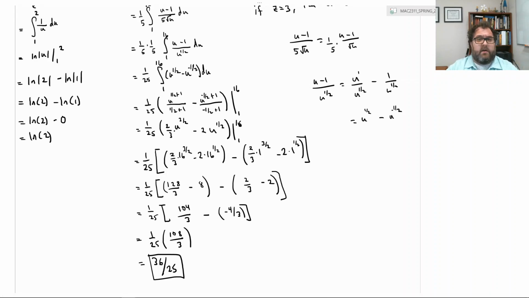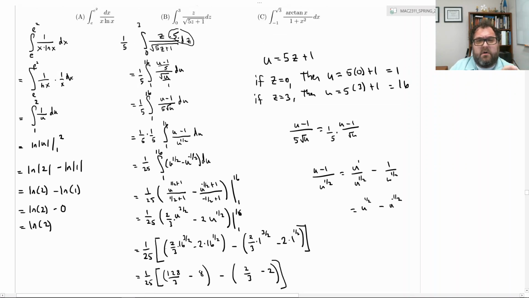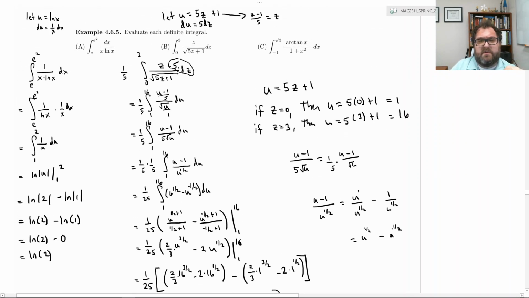Okay? Again, I don't know if that's net area. Well, of course it's net area. I'm not sure if we can go further and say it's area because I don't know if this function is non-negative. Actually, it is non-negative. Why? Because I know the denominator is always positive. It's a square root. The numerator would be 0 when x equals 0, and if you're plugging in positive values for x, think about between 0 and 3, the numerator has to be positive, and the denominator is always positive.